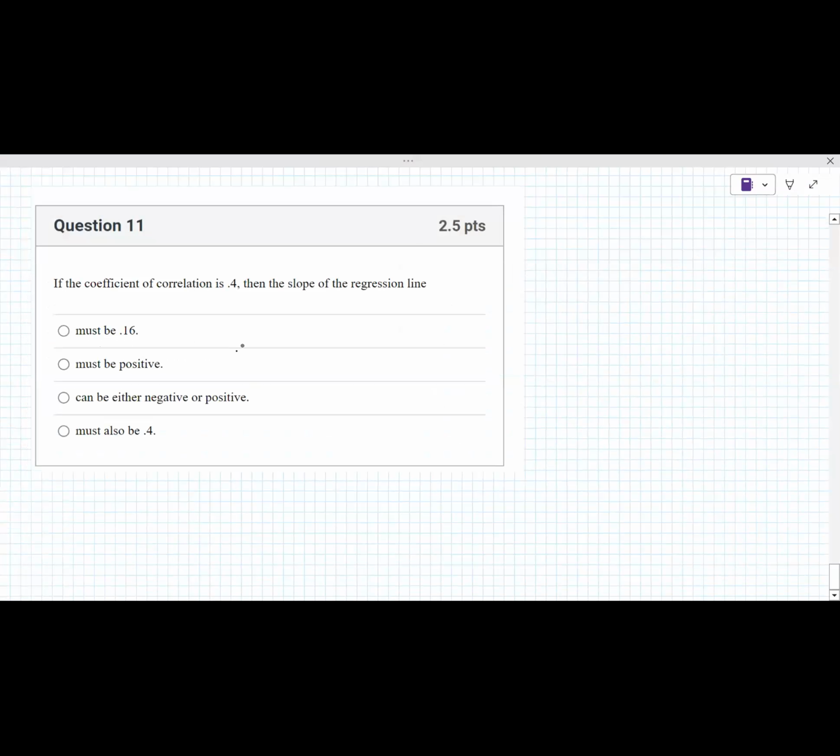All right, the coefficient of correlation, that's R. R equals 0.4. The sign of R is the same sign as the slope. Okay, but this is for R, not R squared.